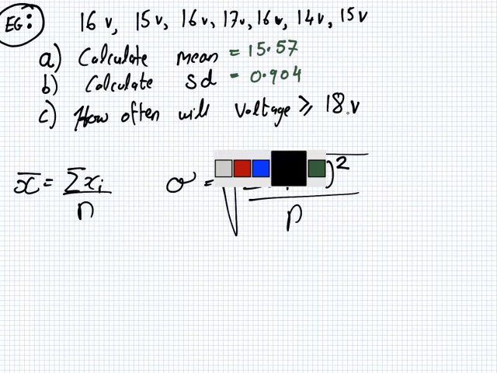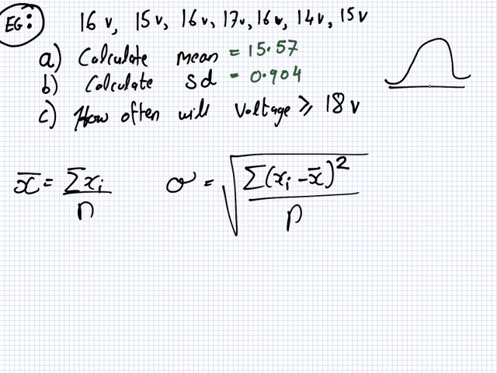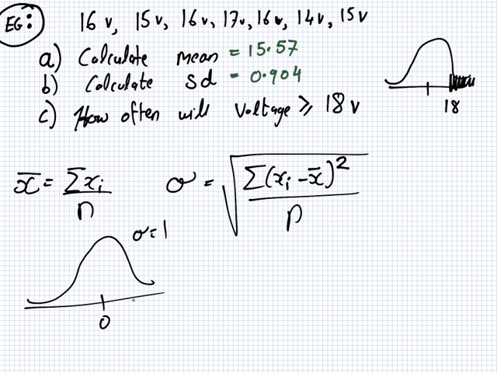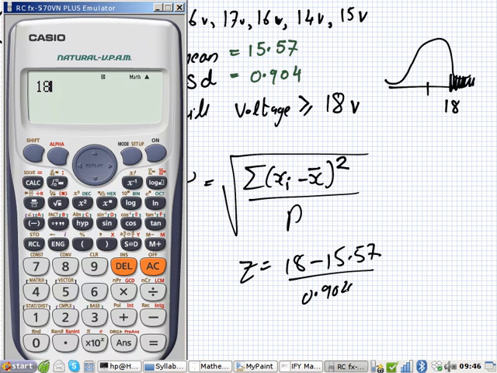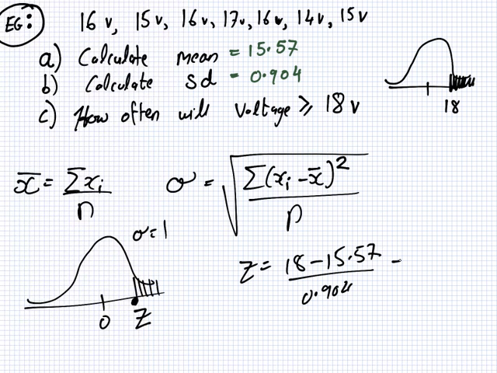Right, now let's draw our bell. So we have our average and our standard deviation, and we want to know how much is more than 18. So we need to transform it into a 0, 1 distribution, and this won't be 18 anymore. Z will be 18 minus 15.57 over 0.904, which is 2.69 we'll say.